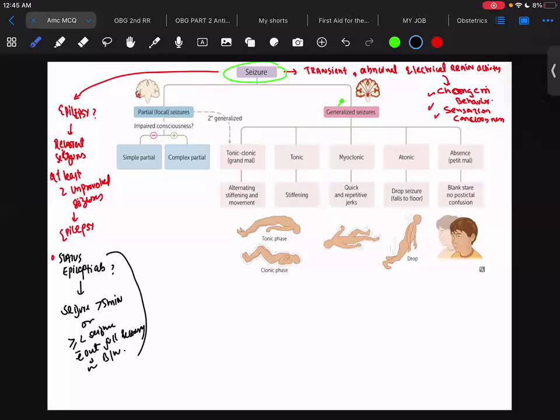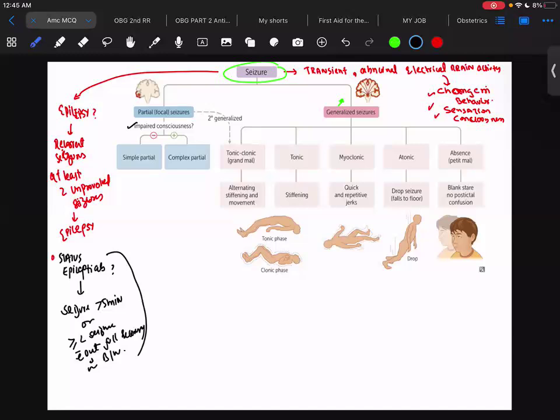Now, once the patient is having a partial seizure, you should remember that we need to check. For example, the hand is moving and the patient is not cautious about his hand. He is not looking at his hand and saying, oh my god, my hand is moving.